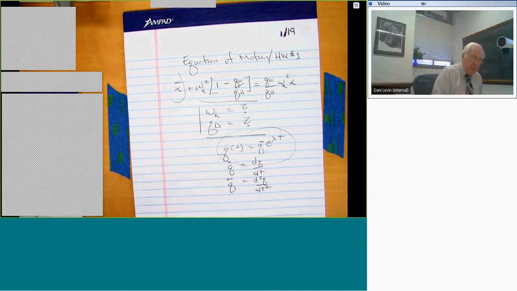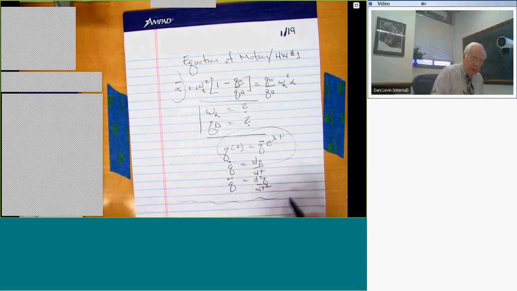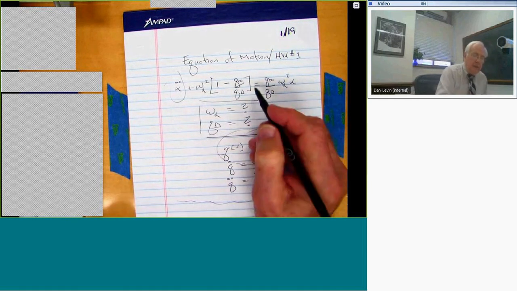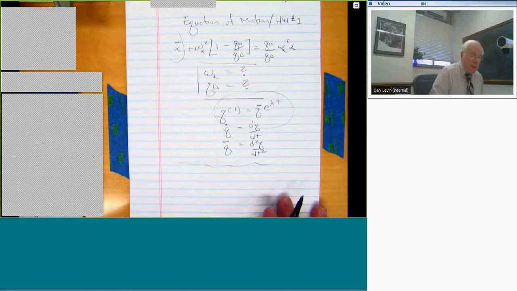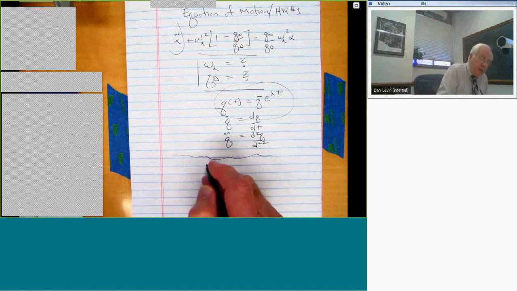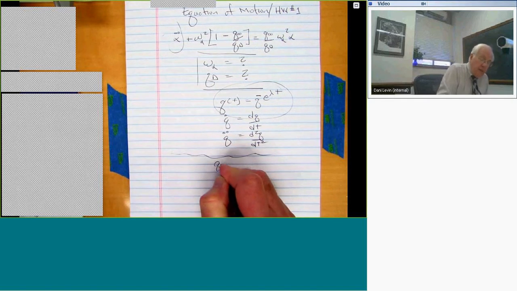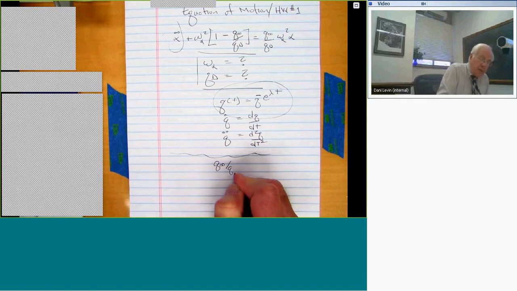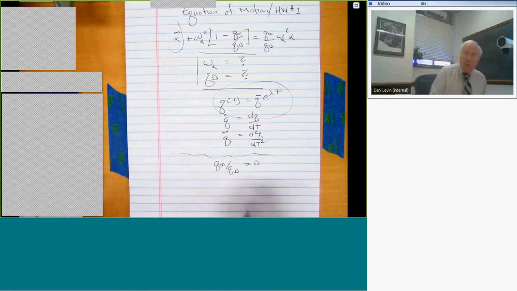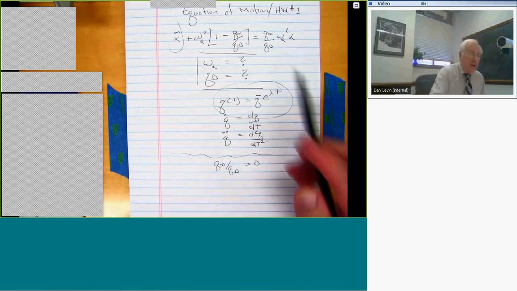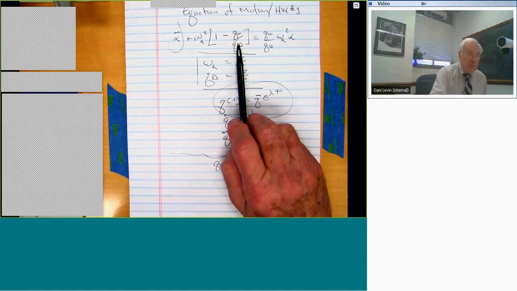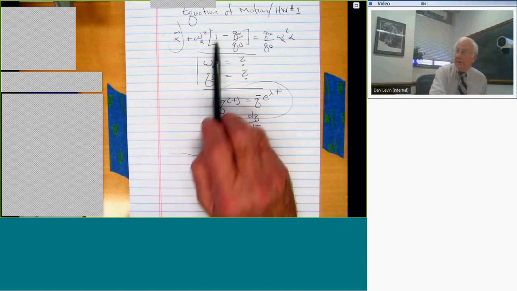Okay, what else I want to tell you about this? This tells you right away that if Q infinity over Q divergence is 0, or really just small, then you can certainly ignore that term compared to 1.